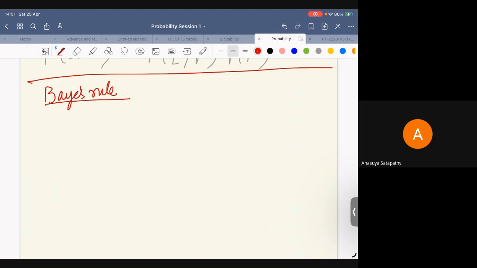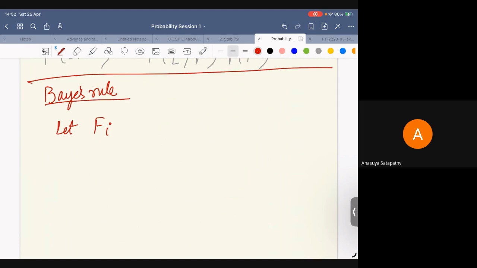So for example, we have something like F. As I said, first ball condition given, second ball condition given, third ball condition given. What is the probability of getting the fourth ball as red given that the first, second, third are red?